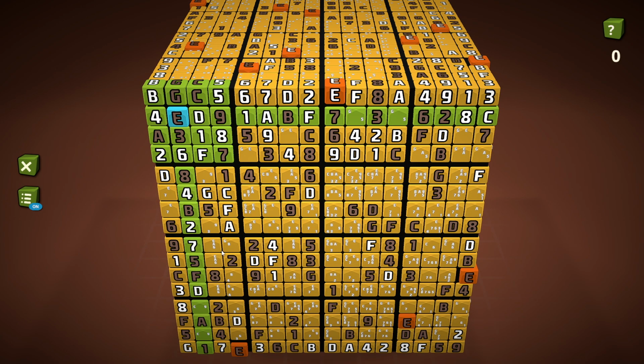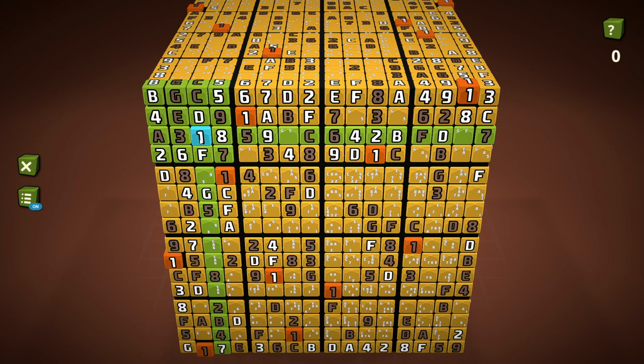Yeah, that's how it goes. Let's see now. Okay, let's just scan the whole board. So let's see what ones might still be available.